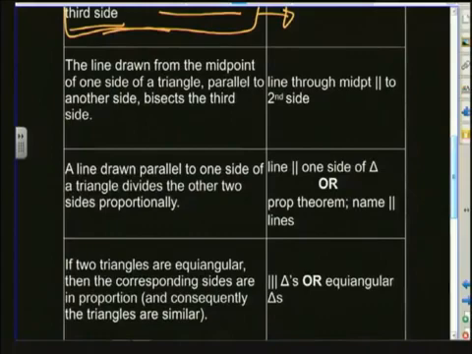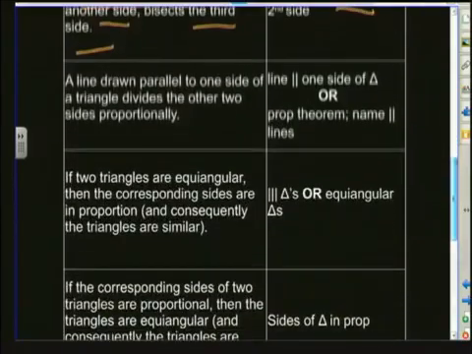The next one, the line drawn from the midpoint of one side of a triangle parallel to another side bisects the third side. That's your theorem statement, your acceptable reason would be line through midpoint parallel to second side.